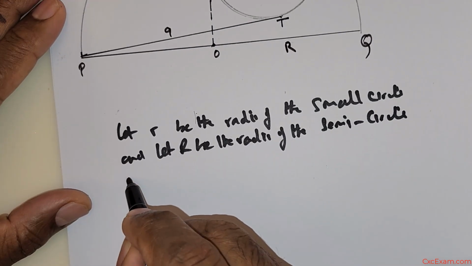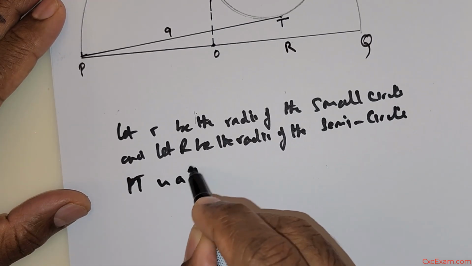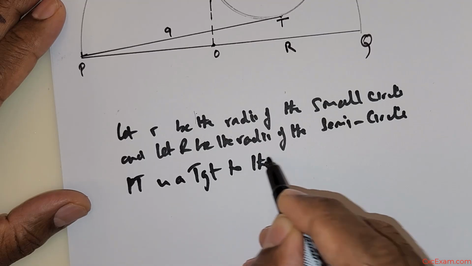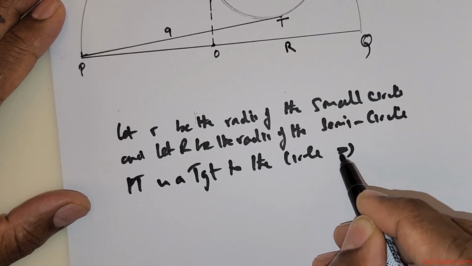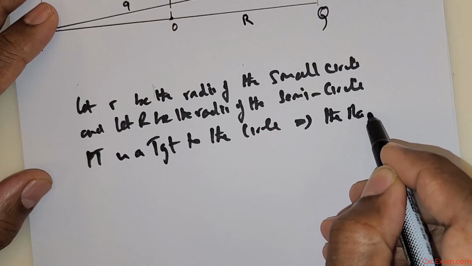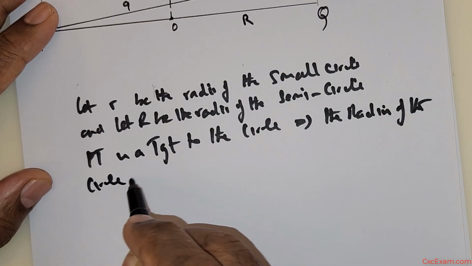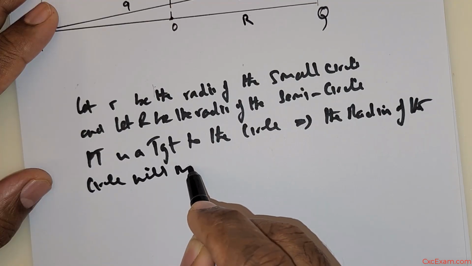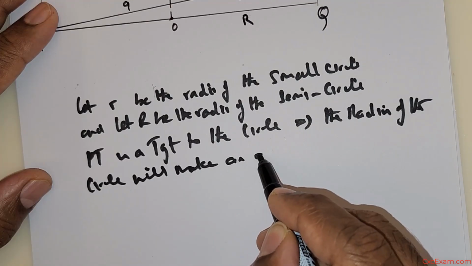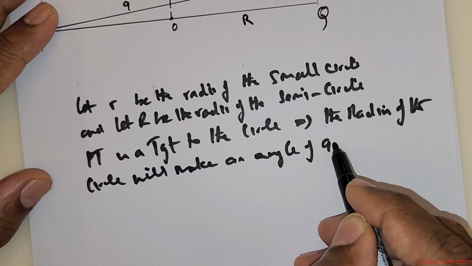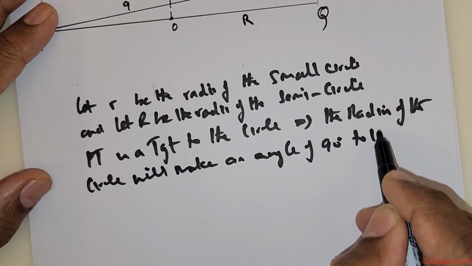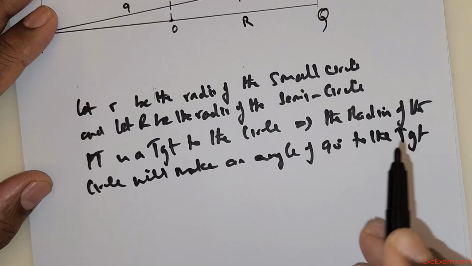Now PT is the tangent to the circle, so this means the radius of the circle will make an angle of 90 degrees to the tangent.